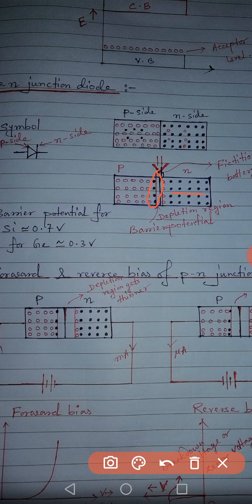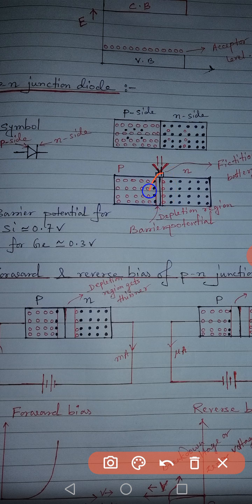In the same way, when some holes gather on the n side, after some time they will also not allow any movement of holes from the p side to the n side, because they will also repel.